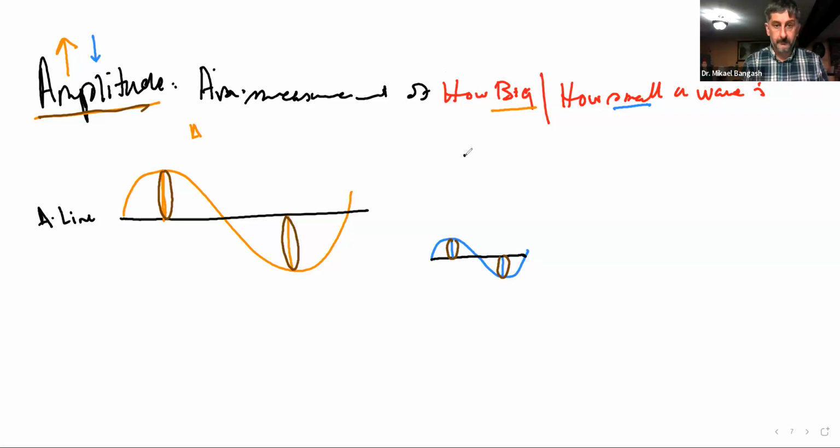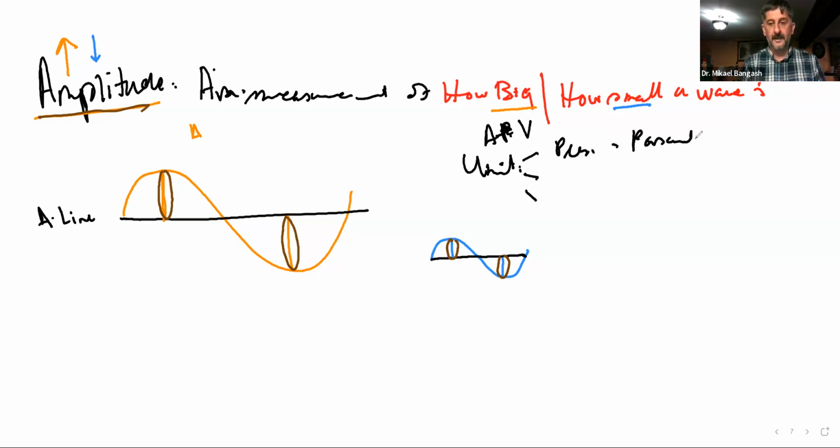Now the unit of your amplitude. The amplitude can be expressed in all three units of your acoustic variables, which was the unit for pressure, which could have been pascals, or Newton per centimeter square or meter square or whatever.